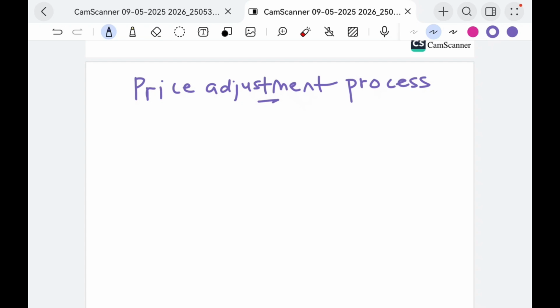Okay, so as the name suggests, the price adjustment process talks about how price changes. So when you recall your price mechanism chapter, what are the instances where your price changes? Your price changes when in your demand supply curve you have a change in, say, your demand curve, your supply, or both.